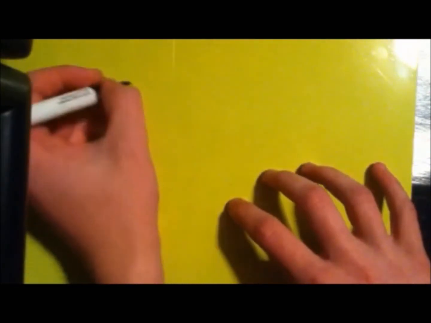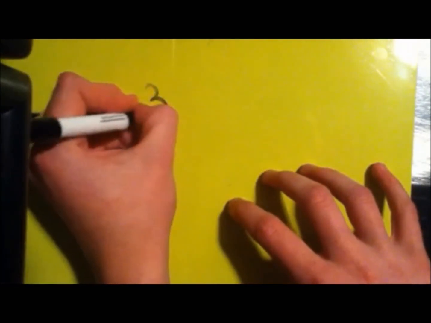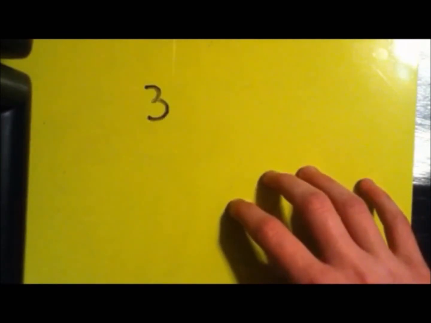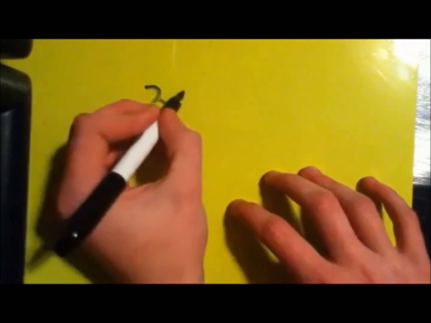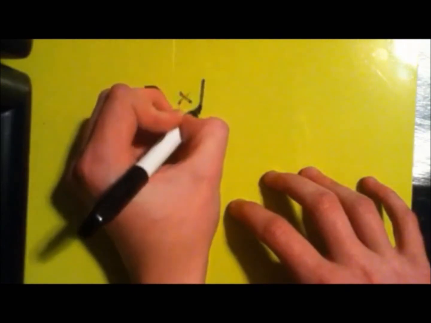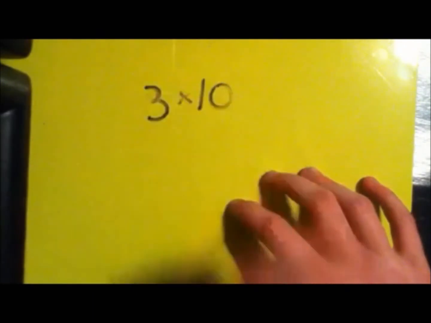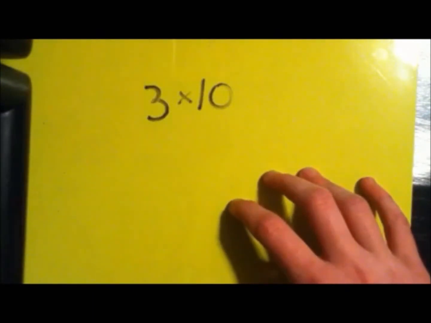Here's the potential energy equation that we need to solve. So we say we have a flower pot that weighs 3 kilograms. So that's the mass, 3. And for simplicity's sake, we'll use 10 meters per second squared as the gravitational pull of Earth. So multiplied by 10. And then multiplied by how high it is.